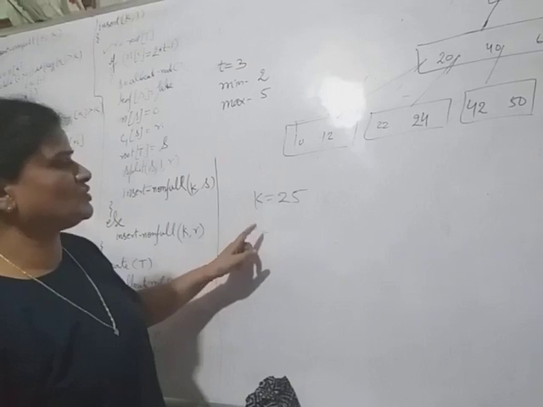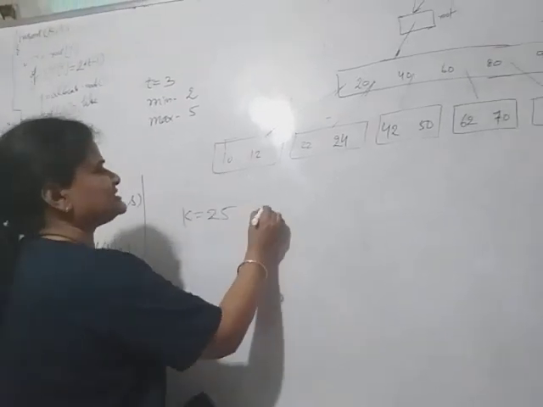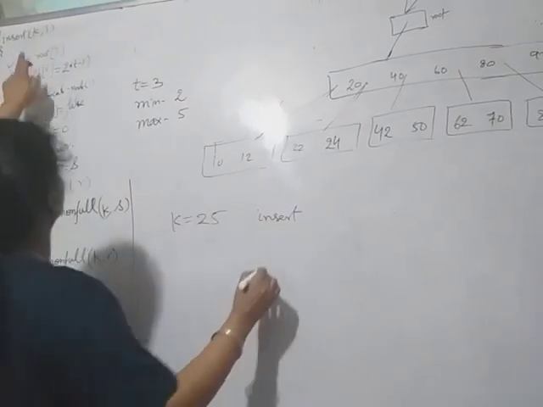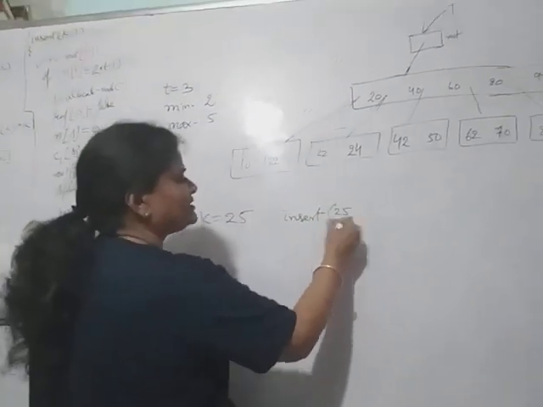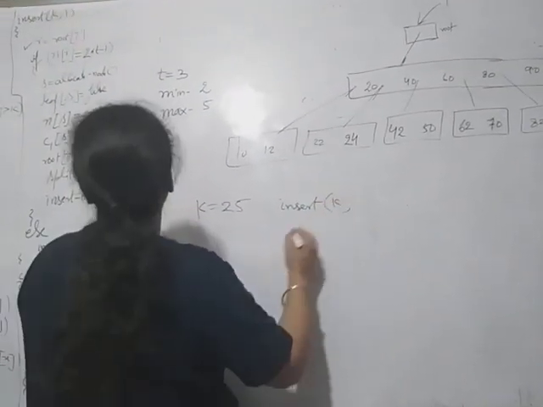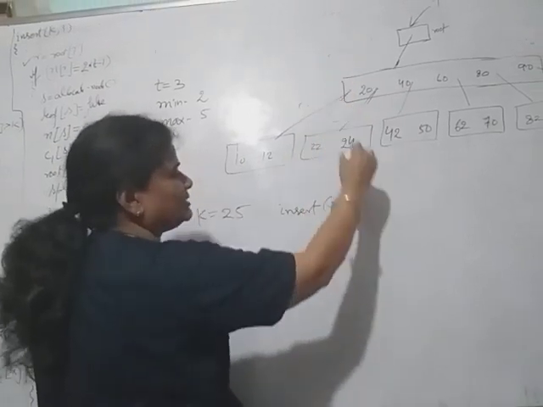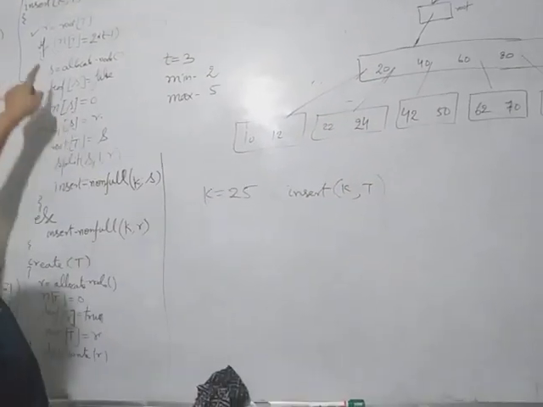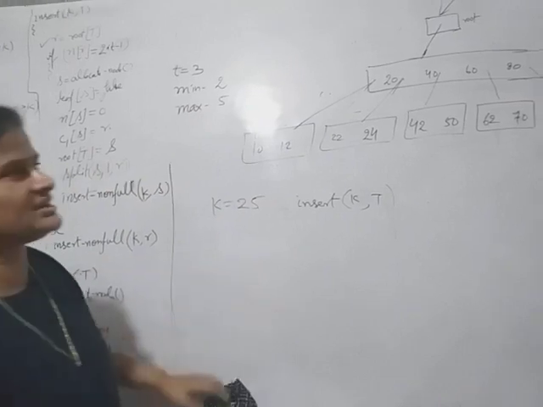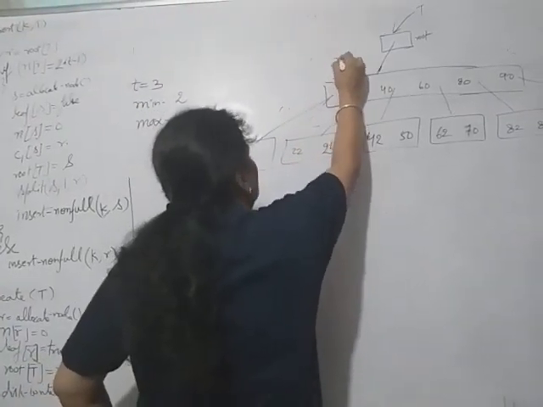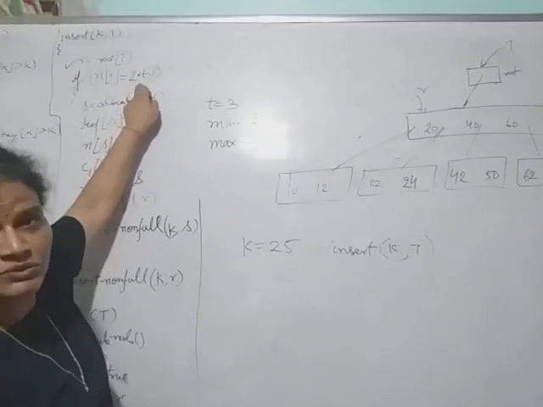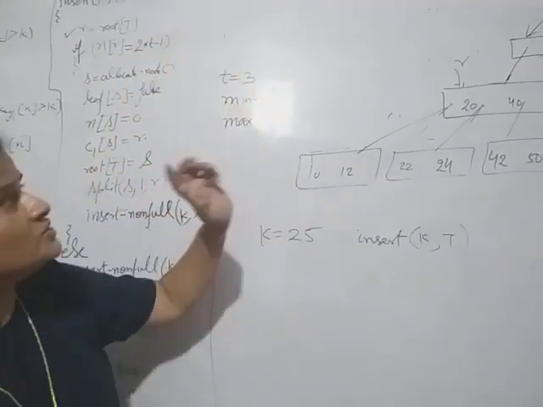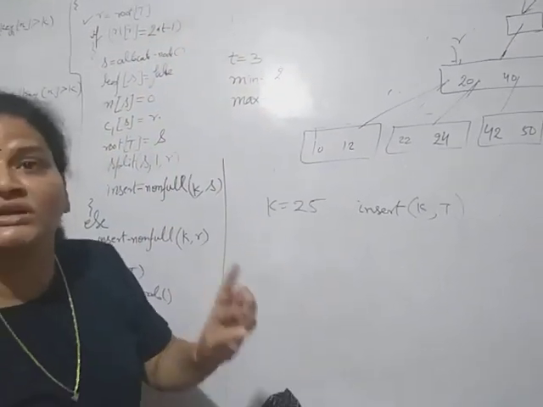First it will call the insert function from the root, with K that is 25, and T is simply the pointer. First R equal to root of T. So R is this one. Now the number of elements in the root node is 2T minus 1, so the root node is full.